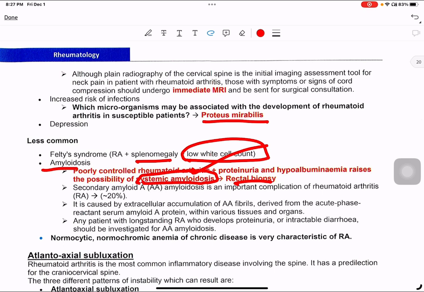Secondary amyloid A amyloidosis is an important complication of rheumatoid arthritis, in 20% of cases.